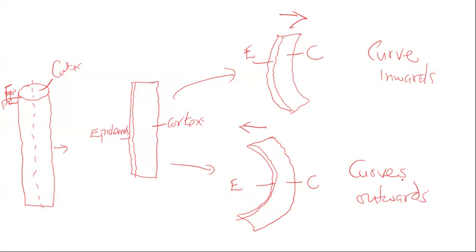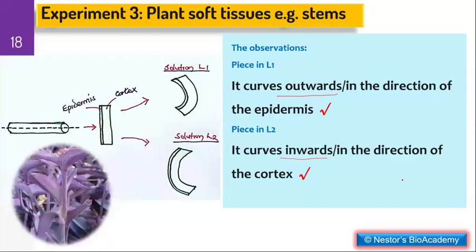So you'll always find us referring to those observations largely here. So the piece in solution L1 is said to curve outwards, and the piece in L2 is said to curve inwards. So remember, if the procedure was not instructing you to feel the pieces, it will be wrong for you to give the observations in terms of one piece feeling rigid or one piece feeling less rigid.